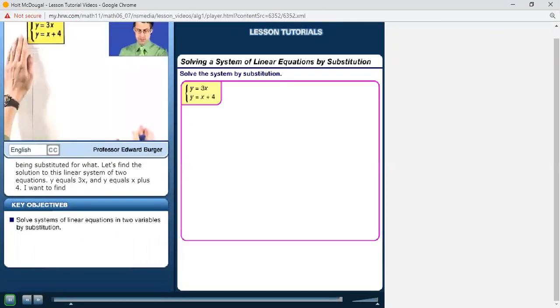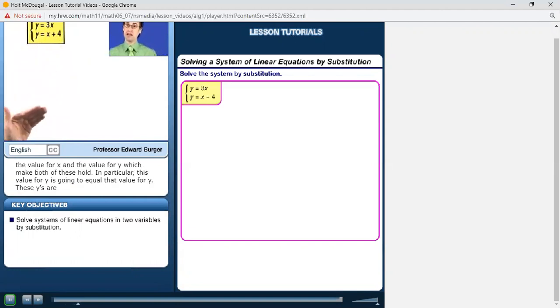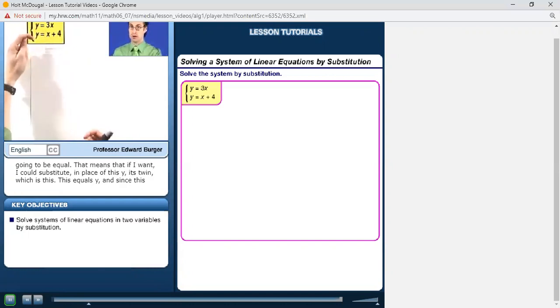Let's find the solution to this linear system of two equations, y equals 3x and y equals x plus 4. Well, I want to find the value for x and the value for y, which make both of these hold. In particular, this value for y is going to equal that value for y. These y's are going to be equal.